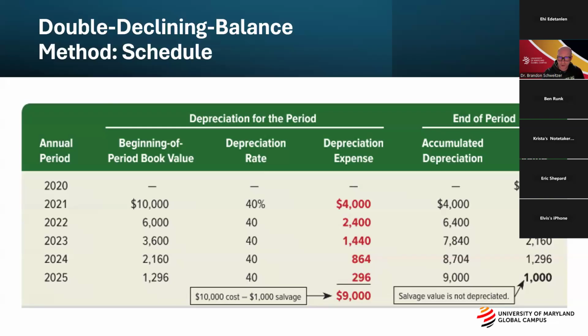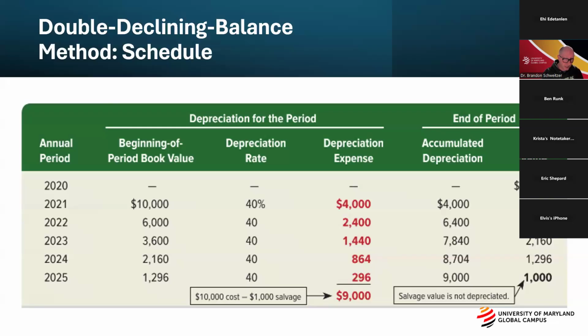Add the $864 to the $7,840 accumulated depreciation to get $8,704, giving us a remaining book value of $1,296. Multiply that by the 40%. That gives us $296. We add that to the $8,704, giving us accumulated depreciation of $9,000 at the end of year 5, which means we have a book value of $1,000, which is also the salvage value of the asset.